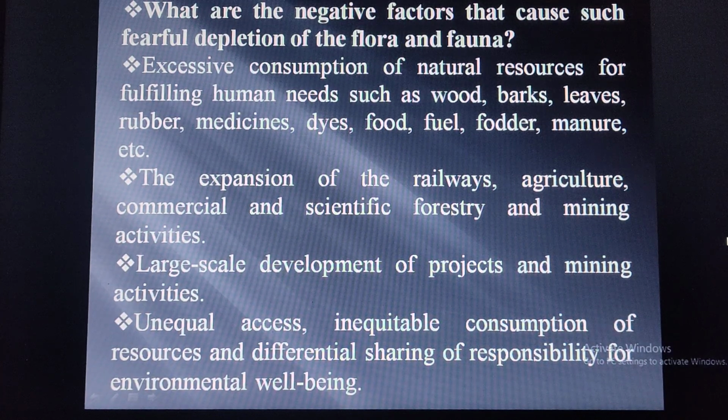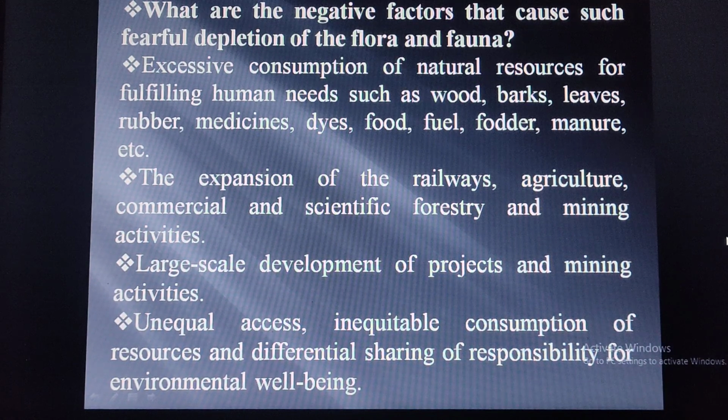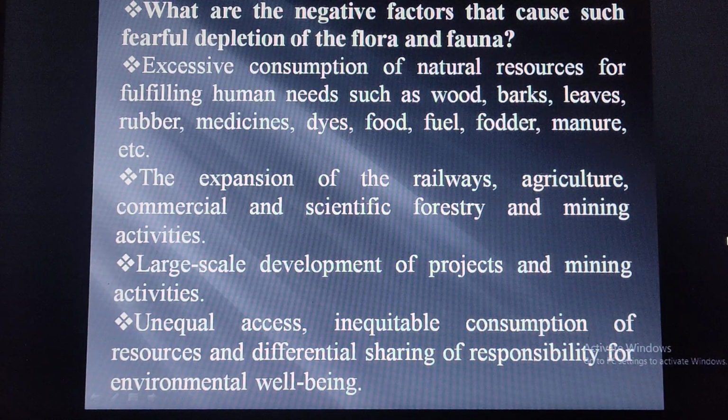Then there is the expansion of railways, agriculture, commercial and scientific forestry, mining activities, large-scale development projects, unequal access, inequitable consumption of resources, and different sharing of responsibility for environmental well-being.